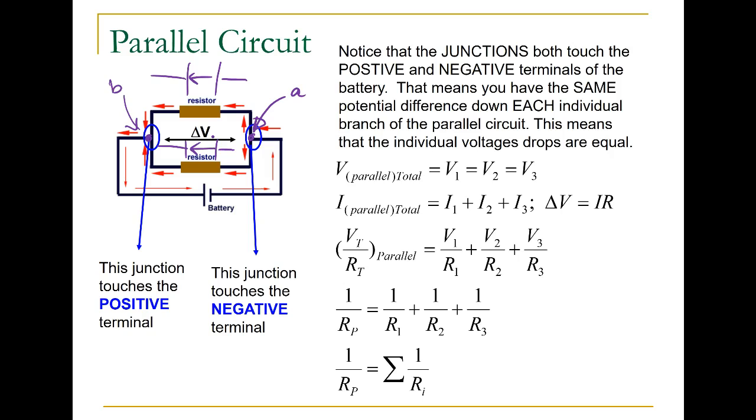And no matter which way you go, you're going to experience the same drop in potential. Now, how much current there's going to be depends on how much resistance you have. We'll get to this in a second.